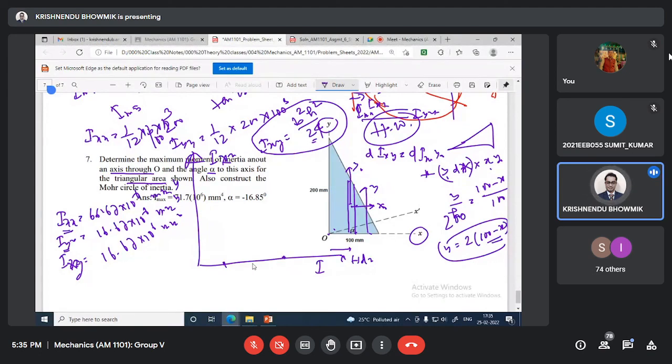Then what we can do, we can have the center, this is Ixy, and we can draw the Mohr circle. You can use the geometry box for the Mohr circle.